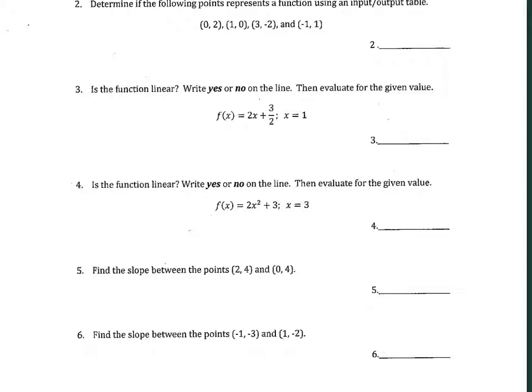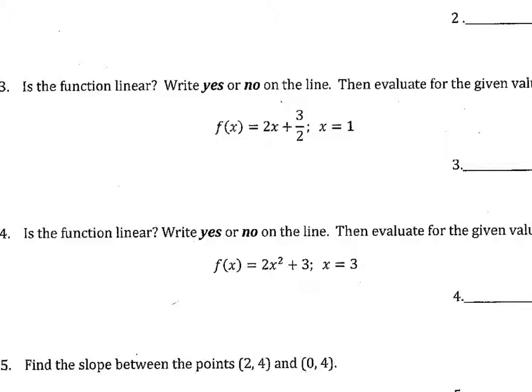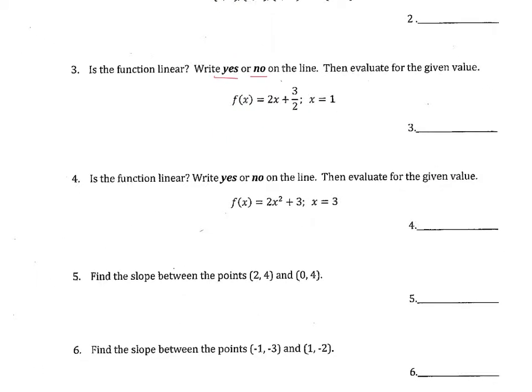Number 3, it says, is the function linear, yes or no? We've got to make sure we write that on the line. Be clear with the directions and your expectations of what's to go in the line. Write yes or no. Then we need to evaluate for this given value.